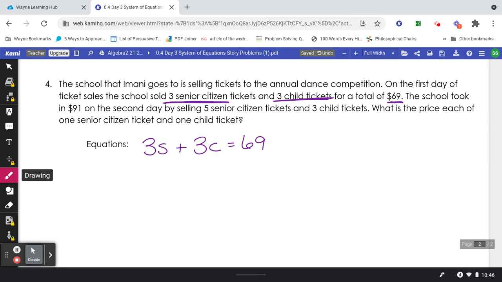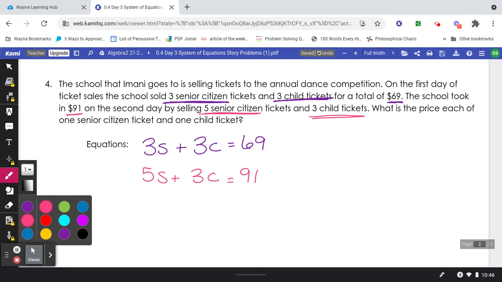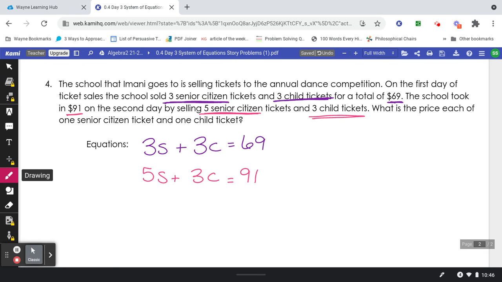Then we're going to get all the information from the second day. $91. That's got to go after the equal sign. That's a total. 5 senior citizen, 5S. 3 child ticket, 3C. Once I've set it up, I notice that the C's are the same exact number, but not the opposite signs.